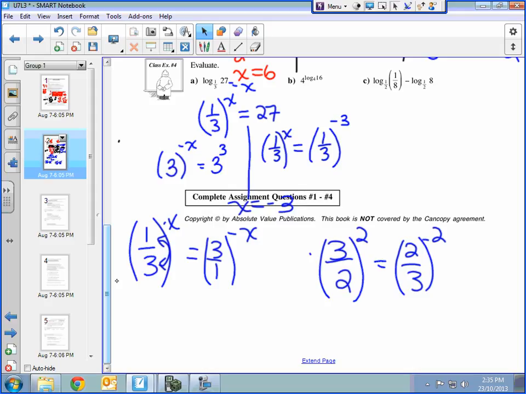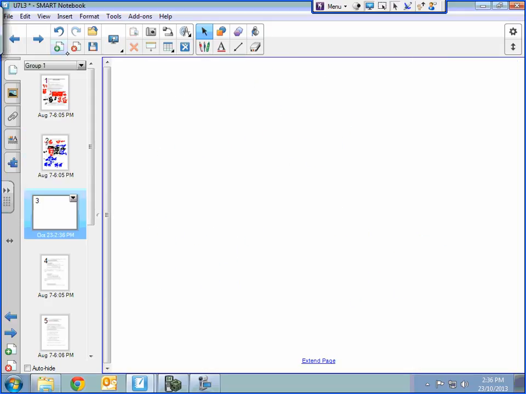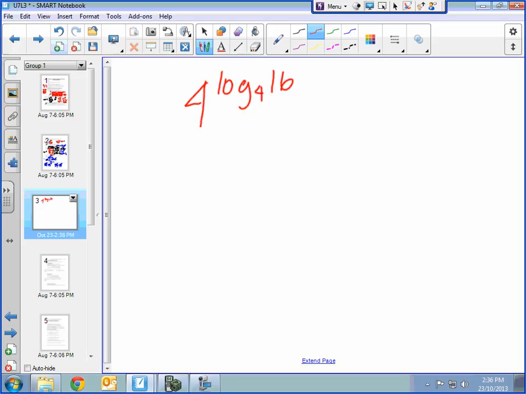No? Okay, so I'm going to do this next one on another page just so we save room. So 4 to the exponent 1/16 base 4. No. Because you can't square root this. You would have to take the log of 16 base 4's root. Okay.